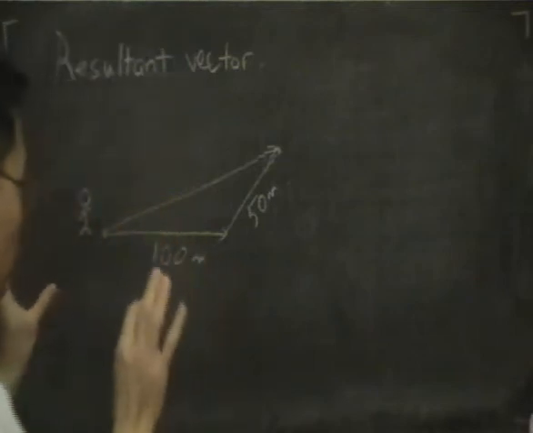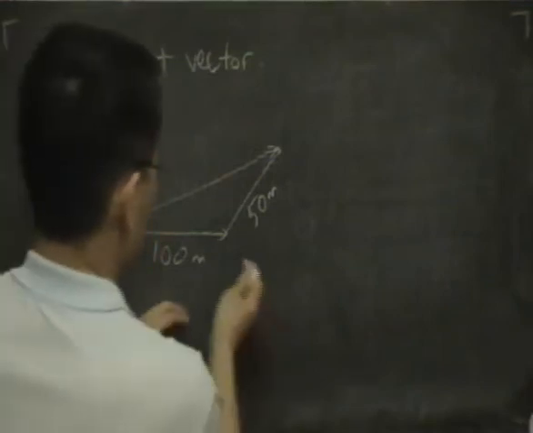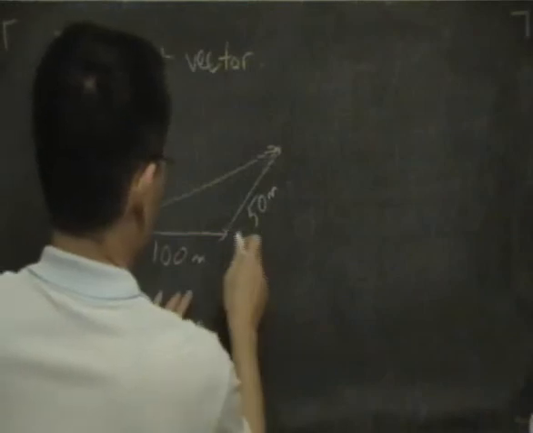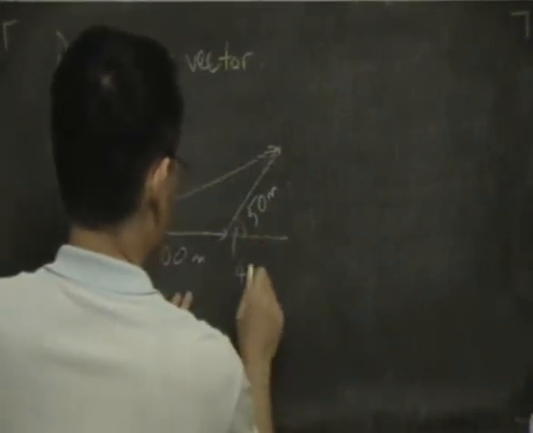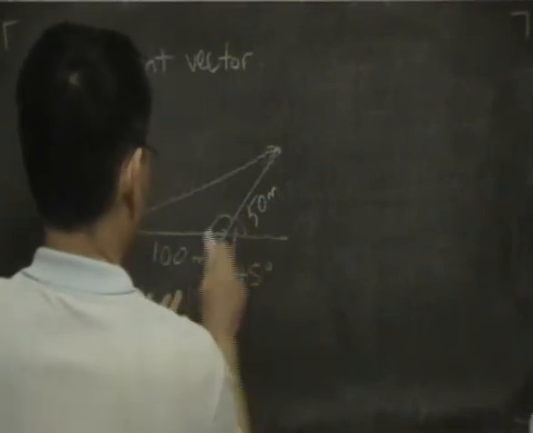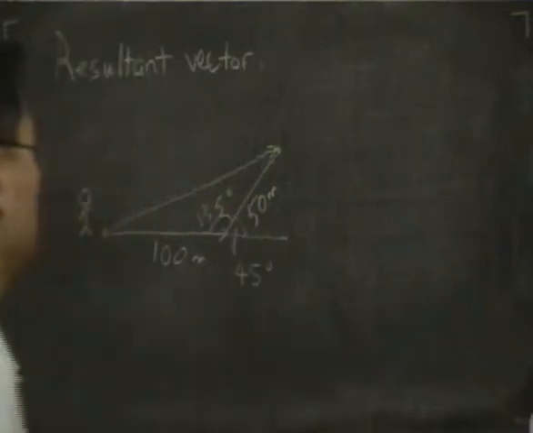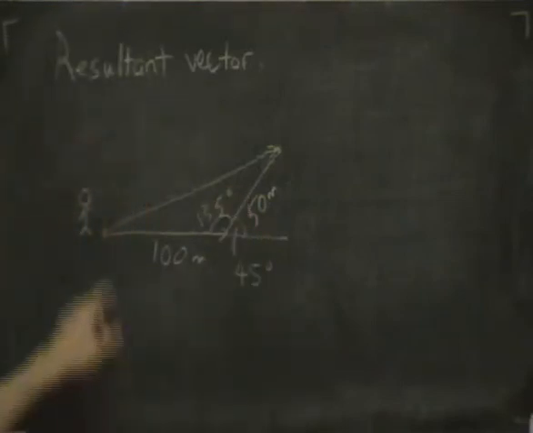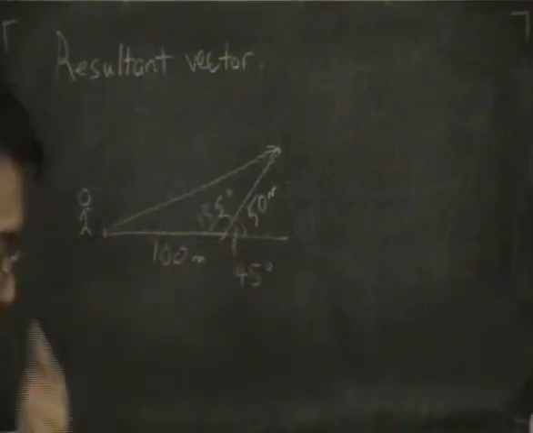So just very briefly to give you an idea, we know that this is towards northeast, so that means that this angle here is 45 degrees. And that means that that angle in the triangle is 135 degrees. So we have a triangle here and we know the two sides and one angle.